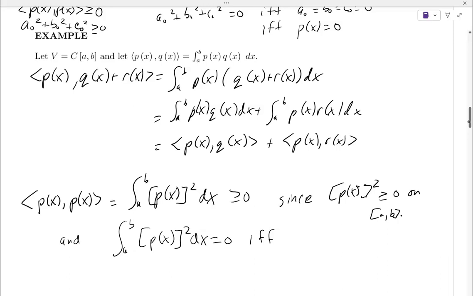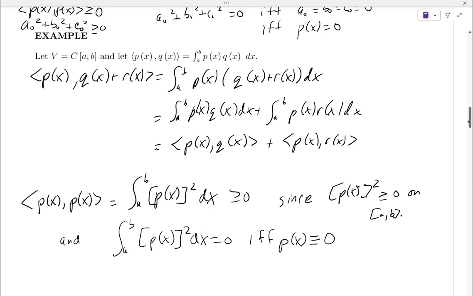Is that function the 0 function? Is that identically equal to 0 over the entire interval? No. Okay. Why is that not a worry for what we're doing here? What kind of functions are we talking about? Continuous functions, right? Do I allow this when it's continuous? Is this continuous? No. Okay, there's a jump, correct? Okay, so this is equal to 0 if and only if p of x is identically equal to 0.